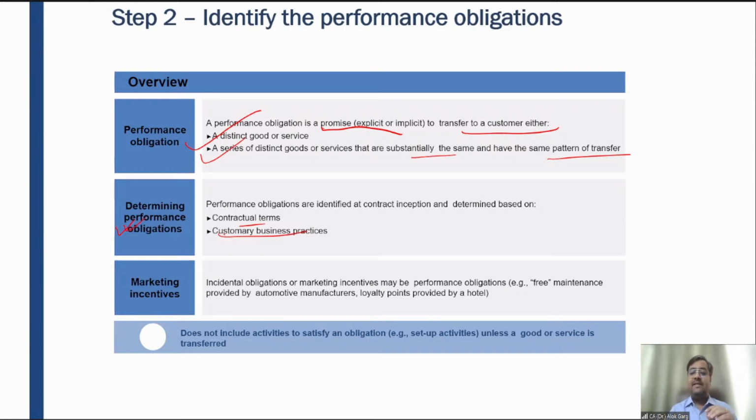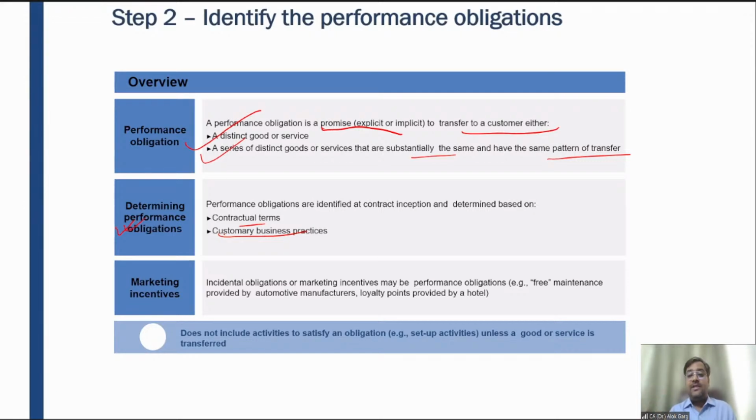So the point is when you are getting electricity on a daily basis, on a timely basis, you are consuming the benefit of that service at that point of time, right? It means this service is a distinct good or service. I'm not talking about the nature. You will say, sir, electricity is electricity, so it is not distinct.